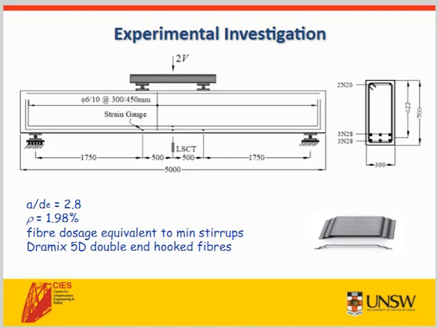The longitudinal steel ratio was 1.98%, which is slightly high but does meet code requirements. This high amount of steel was chosen to ensure that the strain developed in the steel bars would remain elastic and not induce yielding. Two fibre dosages were adopted, and they were 25 and 50 kilograms per metre cubed of the Dramix 5D double end hooked fibres.